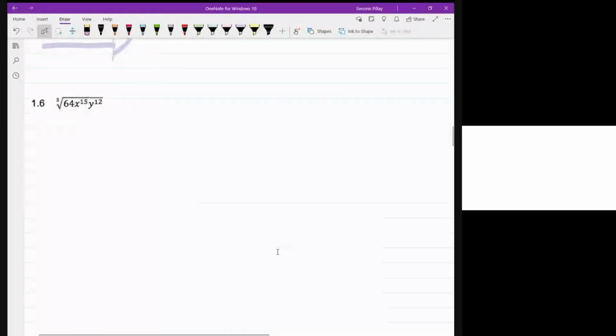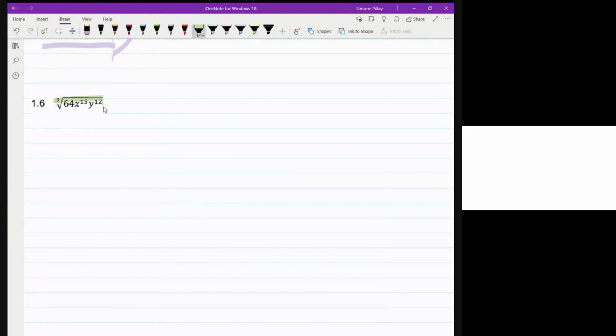Back to maths. What I want to show you guys here, we're not going to do it. I'm just going to talk you through it. What we would have done over here is cube root each coefficient and each variable separately.